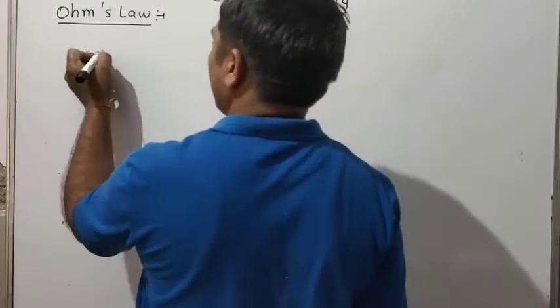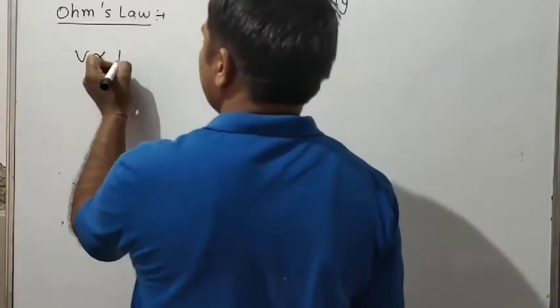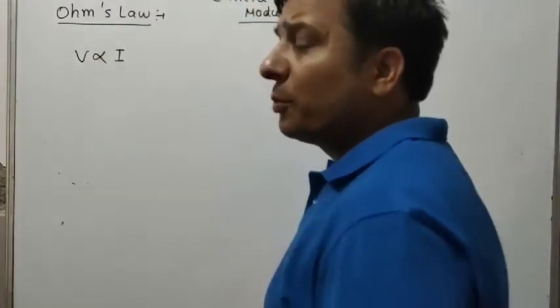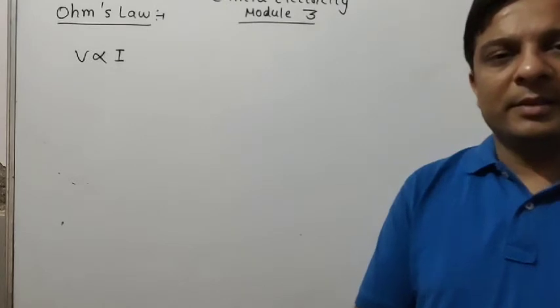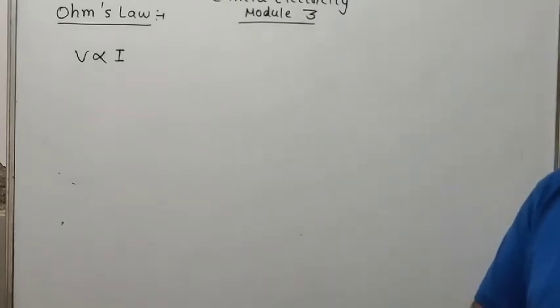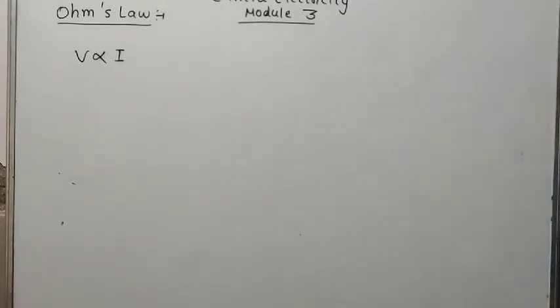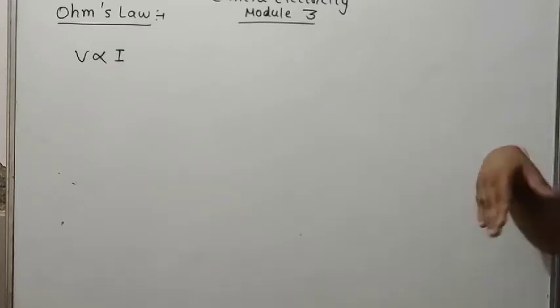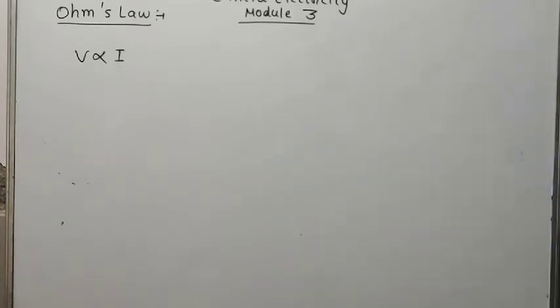V, potential difference, is directly proportional to I, right? V directly proportional to I, or you can simply say the current flowing through a conductor is directly proportional to the voltage, or potential difference.